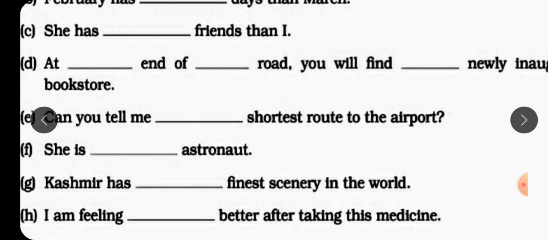What's the answer? The. Can you tell me the shortest route to the airport? Next is she is an astronaut. Okay, she is an astronaut. Then Kashmir has the finest. What's the answer? Kashmir has the finest scenery in the world.